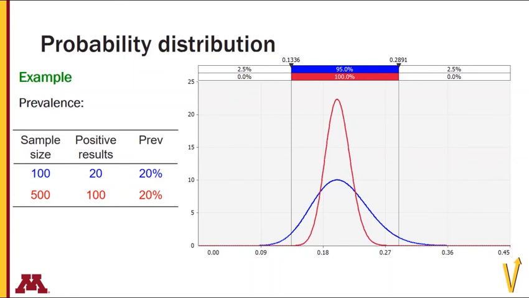This highlights the effect that uncertainty has on the ability to predict. So the larger the sample size, the smaller our uncertainty, and the better our ability to predict. And this is valid for any other type of variable. So the more we know, the better we can predict.